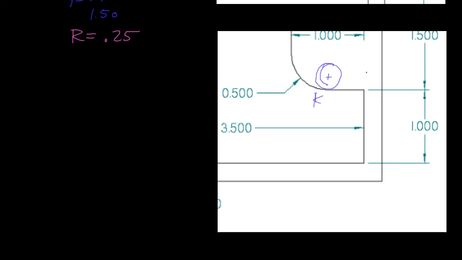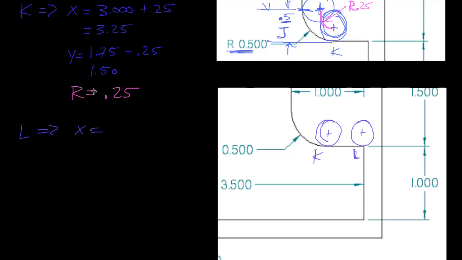And then we're going to come to point L right here. All right, so this is just a straight line, so it's going to come over in the x direction, and the y direction is going to stay the same. So this is point L, and the x direction was at 3.25, and then it's going to move over a half an inch.